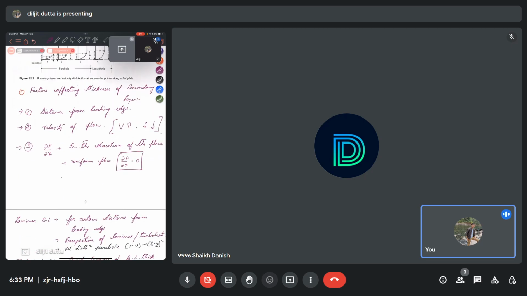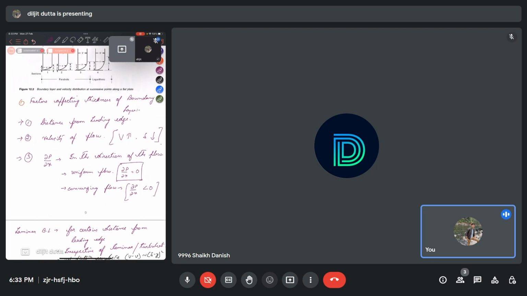But if we take a converging flow where del P by del X is less than 0, that is, the flow is due to a pressure gradient, the flow is taking place from a region of high pressure to low pressure.